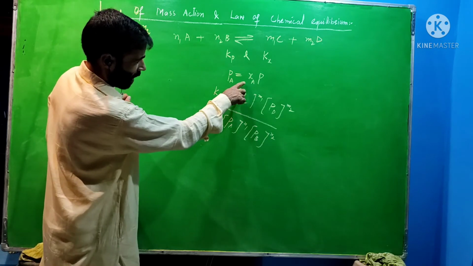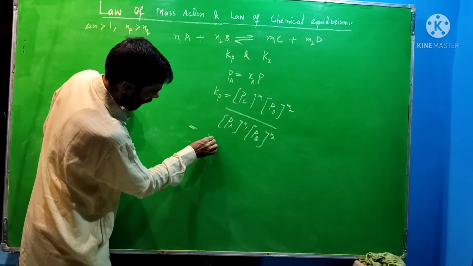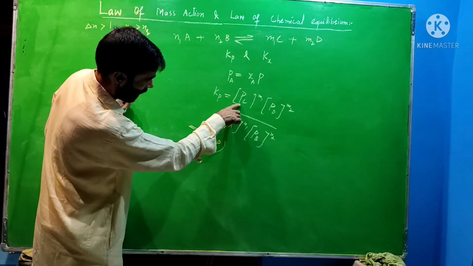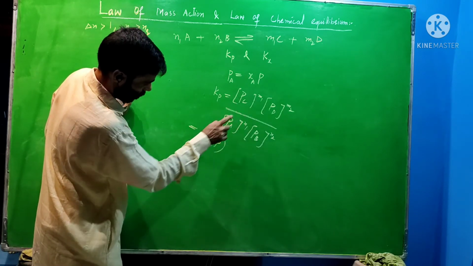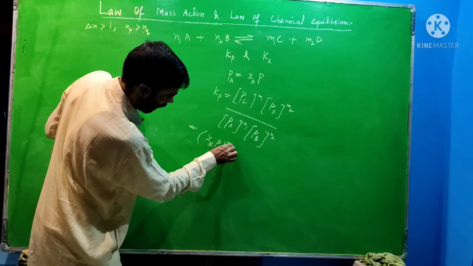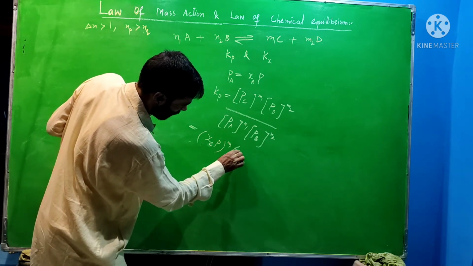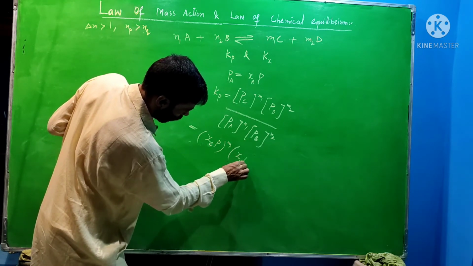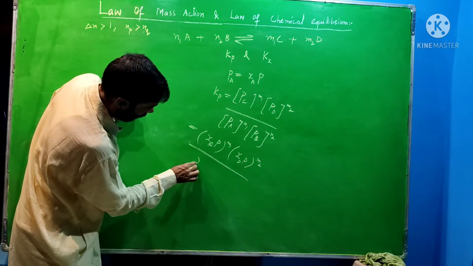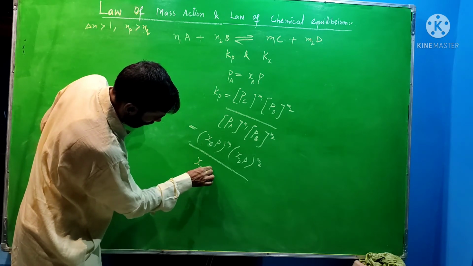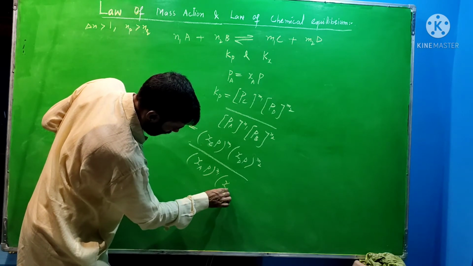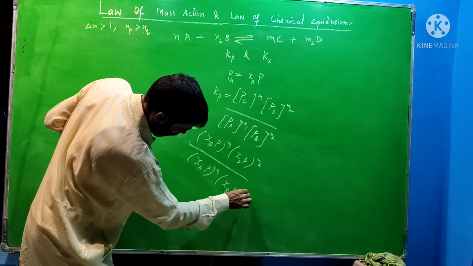Substituting within this, the term for C will now be xC into total pressure P raised to power m1. After that, for D, the mole fraction of D into total pressure raised to power m2. Similarly, for A, xA into P raised to power n1, and for B, xB into P raised to power n2.